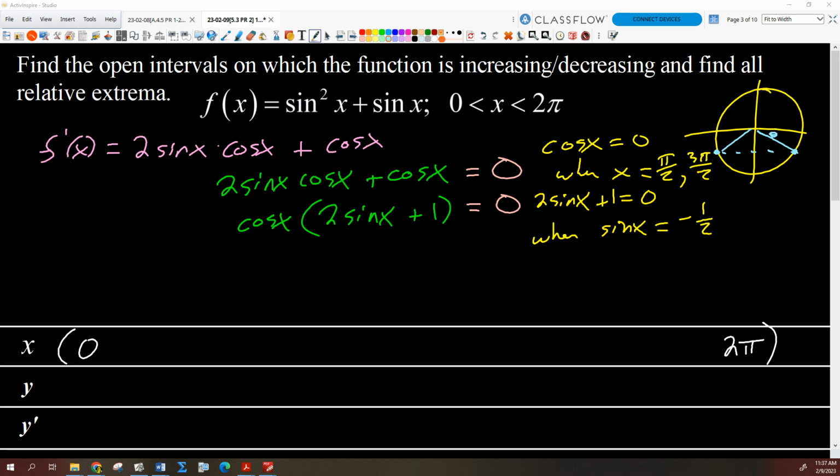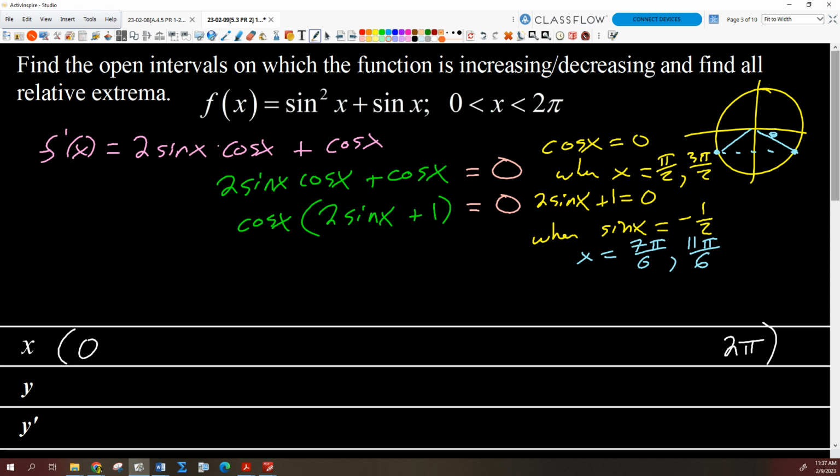So we're going to get when x equals 7/6 pi or 2 pi minus that 1/6, 11/6 pi. Okay, does that make sense? How to think about that?